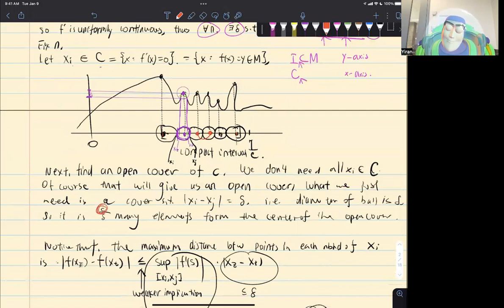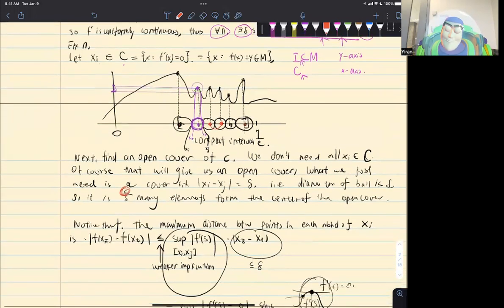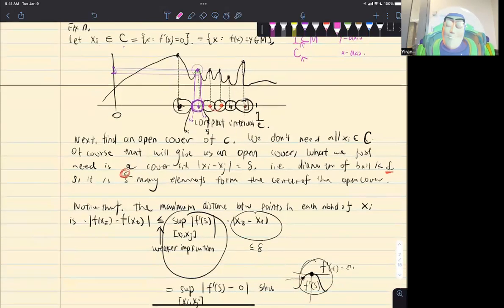Okay, so where are we? The diameter of the ball is epsilon in this way. Therefore, we have the length equal to c, and we need to make sure the diameter of the ball is epsilon. So there are at least c over epsilon many elements that we need to make sure this happens.